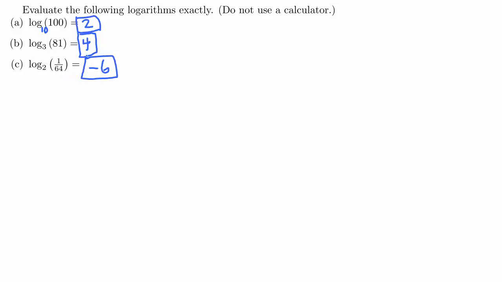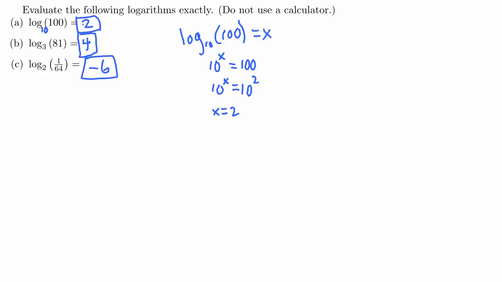Now, to check your answer, or to do this another way, let's look at A here. I can actually say log base 10 of 100 is equal to some power of, or is equal to x, which means I can convert this into an exponential. That gives me 10 to the x power is equal to 100. Common base of 10 means 10 to the x power is equal to 10 squared, which means x equals 2.